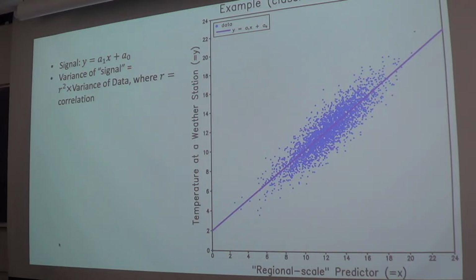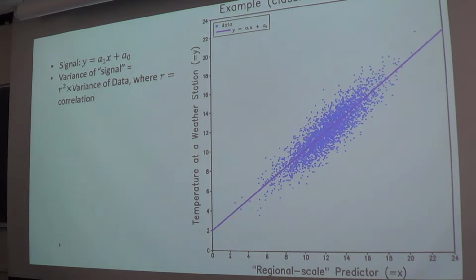Typically, in a lot of cases, you'll just use the linear fit. So if the temperature is 12 in your reanalysis, you would just use this value here, run up to the purple line. And that's your deterministic temperature prediction, your most likely situation.